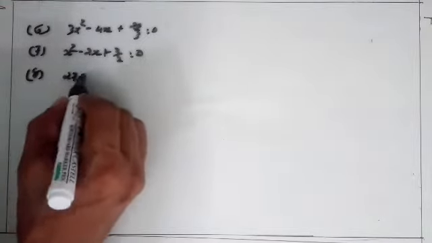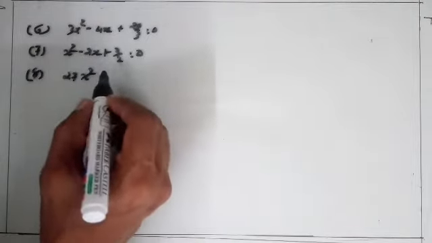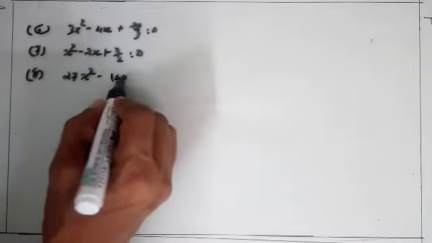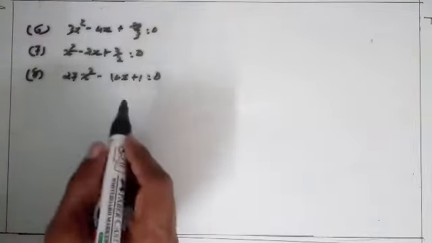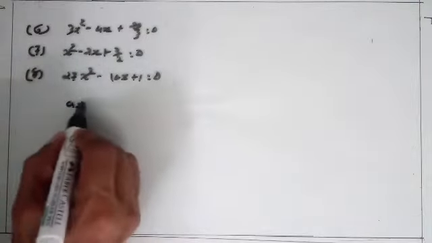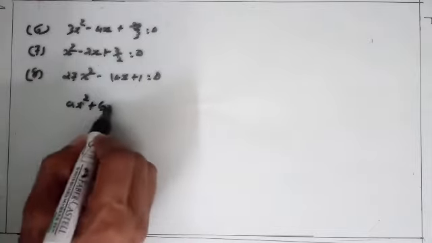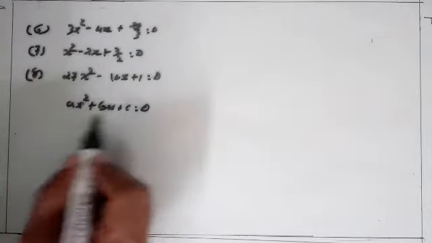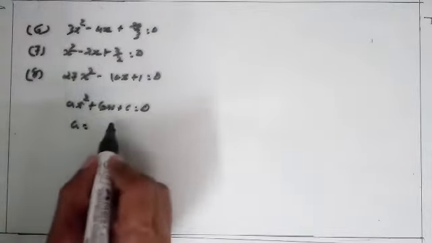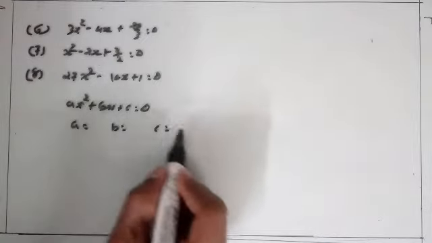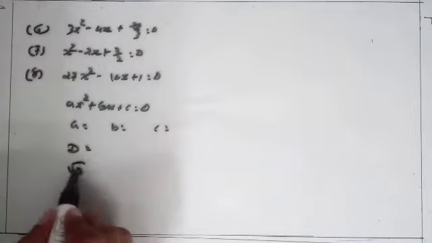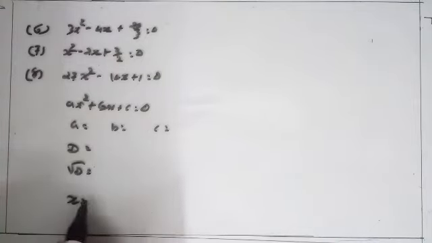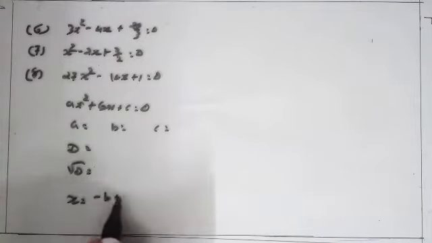You know how to solve this question. Question 8: 27x² - 10x + 1 = 0. Compare the given quadratic equation with the standard equation ax² + bx + c = 0 and get the values of a, b and c. Then find the discriminant, then get the root of the discriminant, then x = (-b ± √D)/2a.